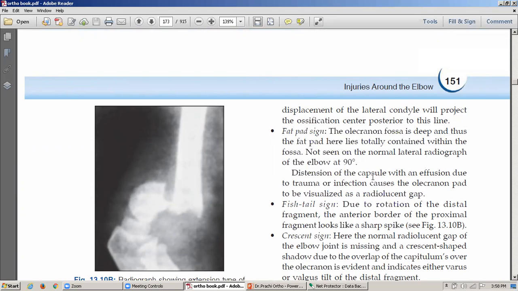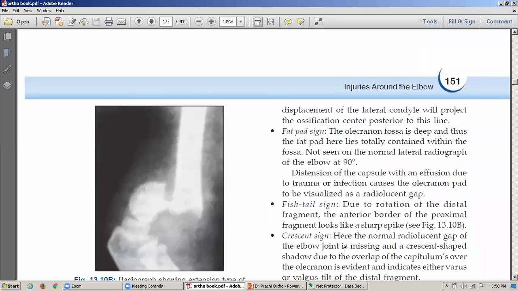But distension of the capsule with an effusion due to trauma or infection causes the olecranon fat pad to be visualized as a radiolucent gap. Then the fish tail sign: due to rotation of the distal fragment, the anterior border of the proximal fragment looks like a sharp spine, so it is called the fish tail.